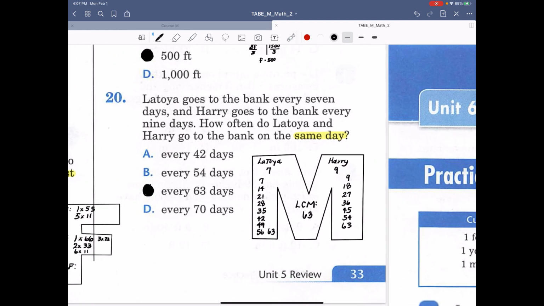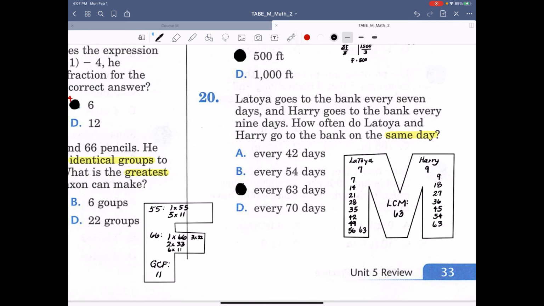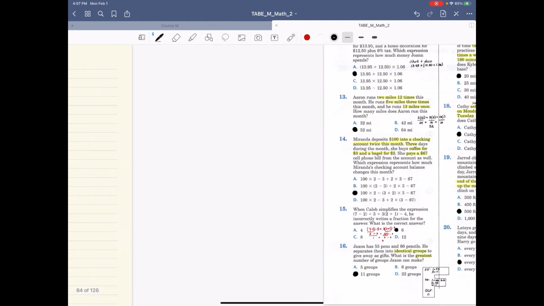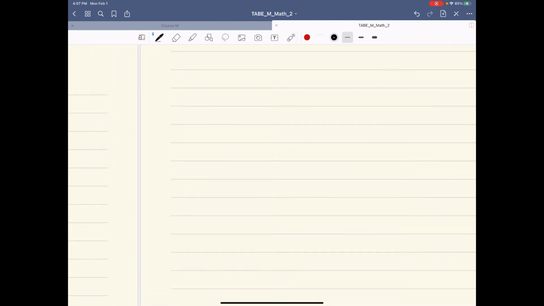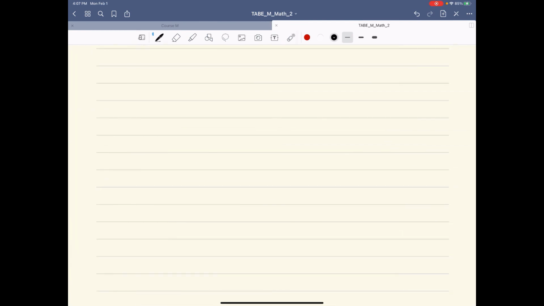I want to show you a little trick with the 9s. Actually, just one second. Number 20 is C. When you have to list your multiples of 9, if you don't know your 9 times tables, here's how it works. This is really cool. List your numbers, just like I'm doing. Okay.